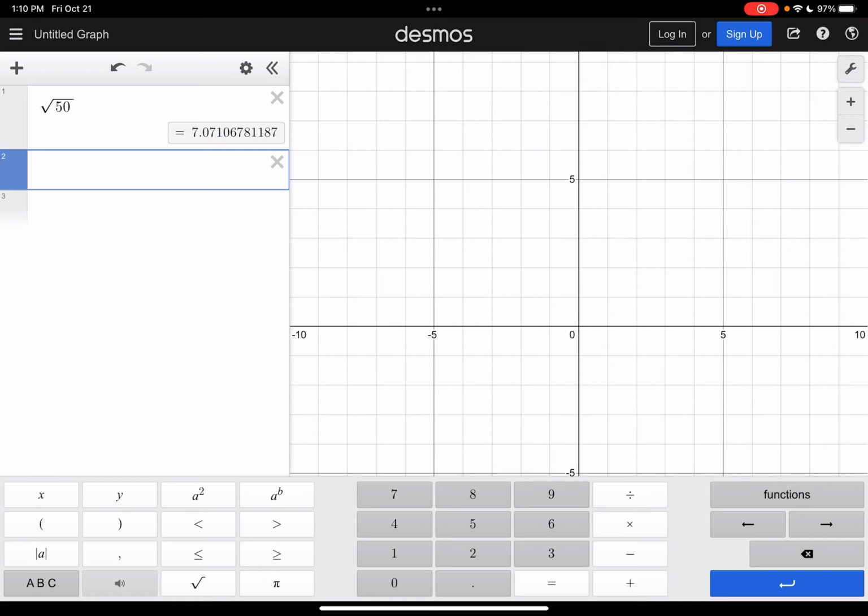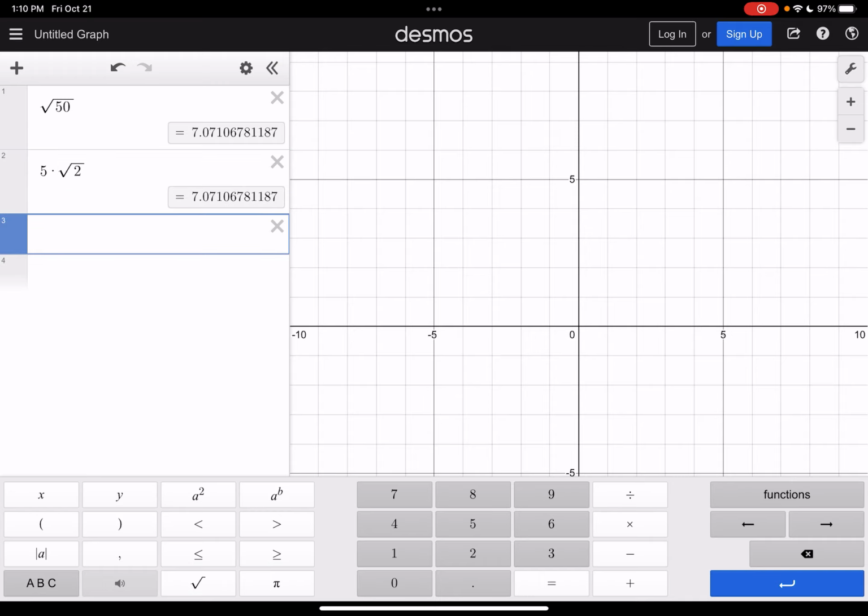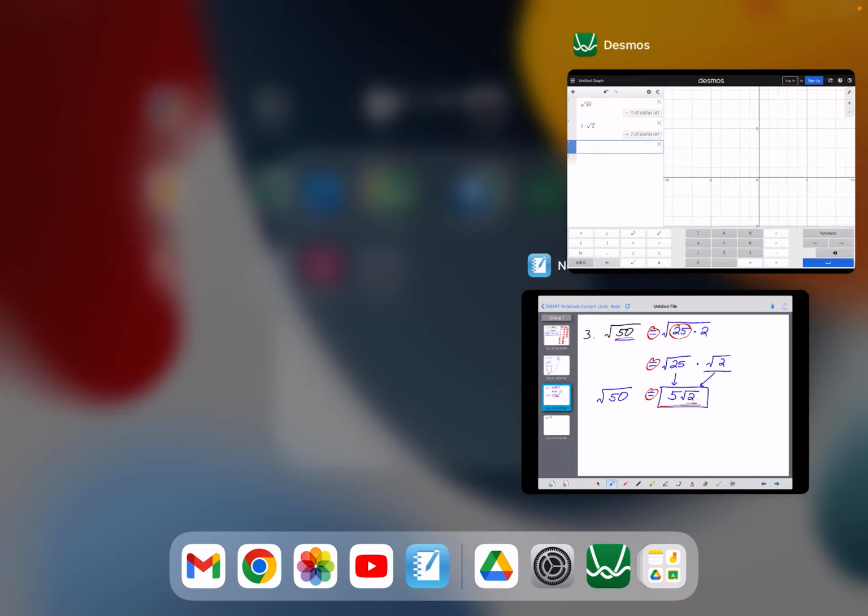The answer that we came up with was 5 times the square root of 2. That's the simplified version of the square root of 50. So watch now what happens if I ask the calculator, what is 5 multiplied by, that multiplication sign actually isn't important, times the square root of 2. You'll notice, guys, it gives us the exact same decimal, again, 7.071.